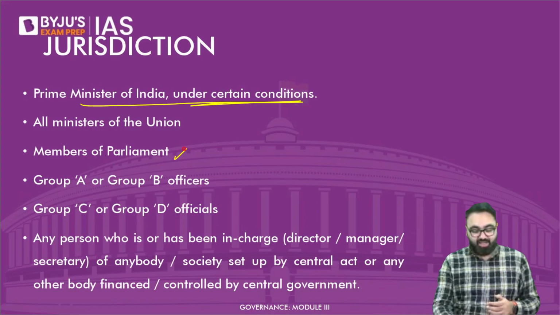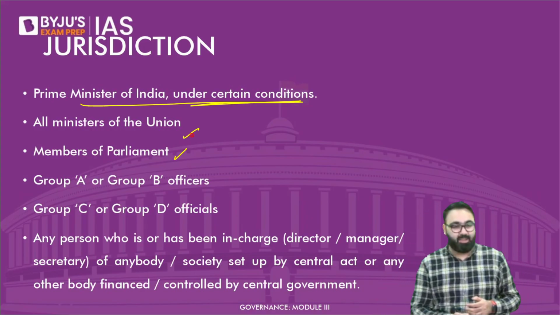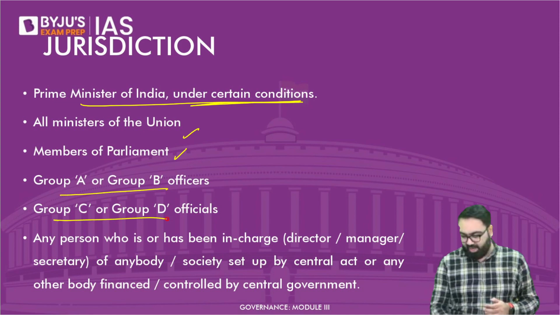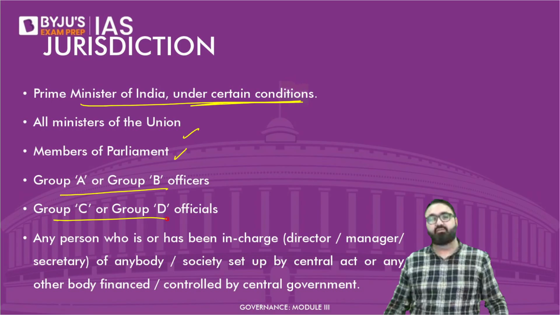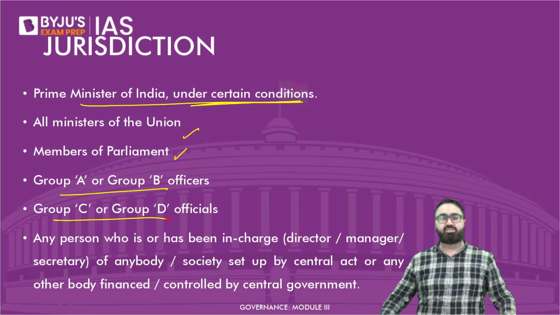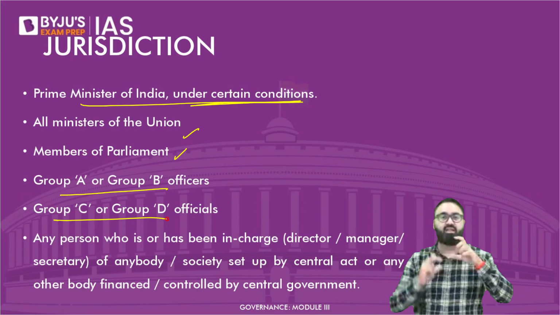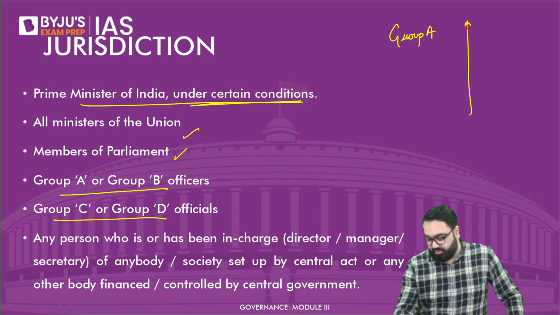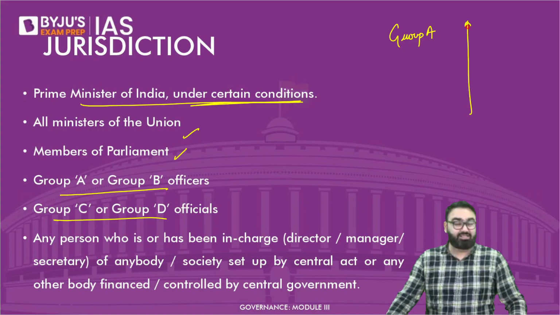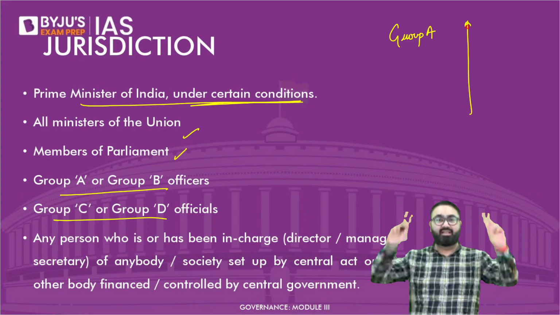Members of parliament can be investigated. Group A, B, C, D officials can also be. I hope you know what Group A, B, C, D is. Basically, when you join, government servants or government officers are clubbed in different groups. Group A means the highest. So if you join as a civil servant, an IAS, IPS, IRS or IFS officer, you will be a part of Group A. Remember, you call these gazetted officers.